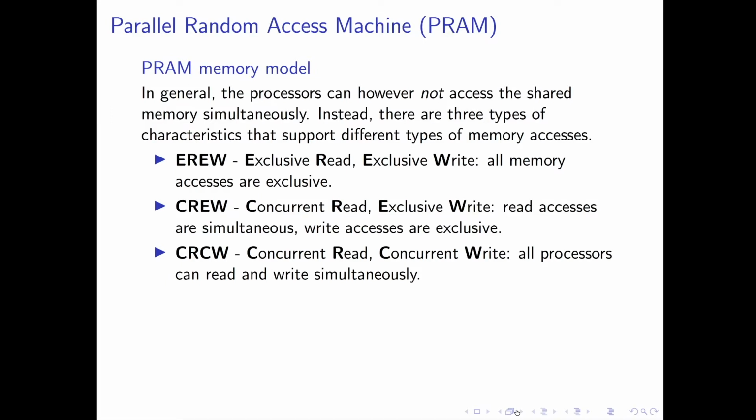The simplest PRAM model with respect to memory accesses is the EREW machine model. The EREW machine model only allows for exclusive reads and for exclusive writes. So the programmer has to make sure that memory addresses that are accessed by a single processor aren't accessed by any other processor, be it read or write accesses.